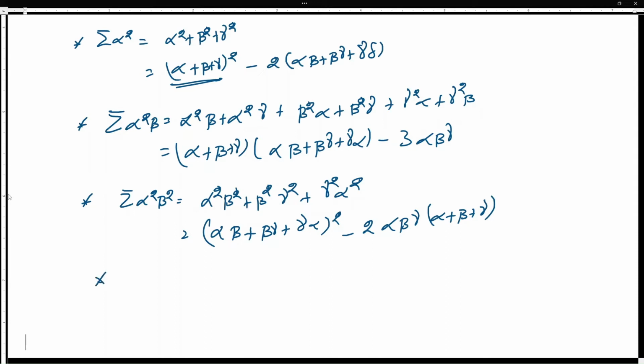Okay, 1 by alpha square, summation of 1 by alpha square, it will be 1 by alpha square plus 1 by beta square plus 1 by gamma square. How can we solve this?